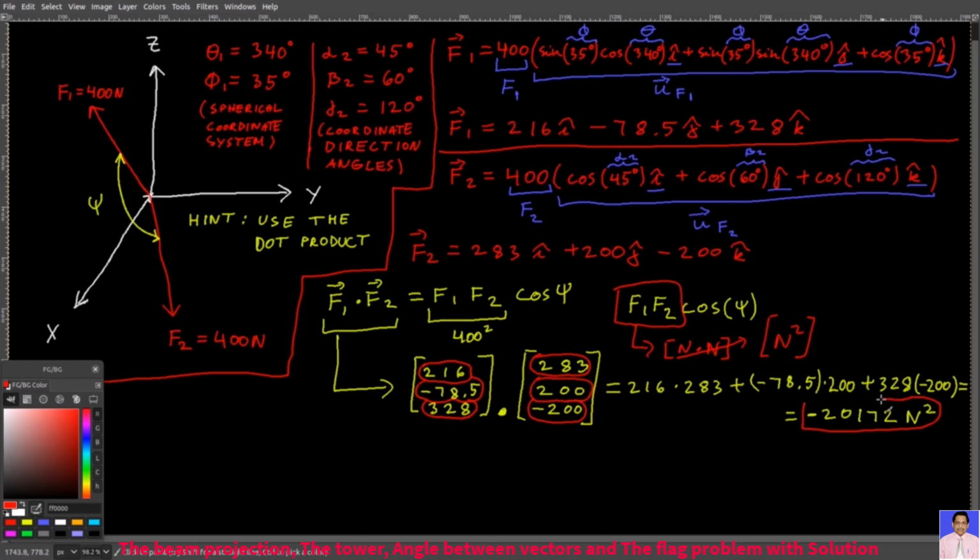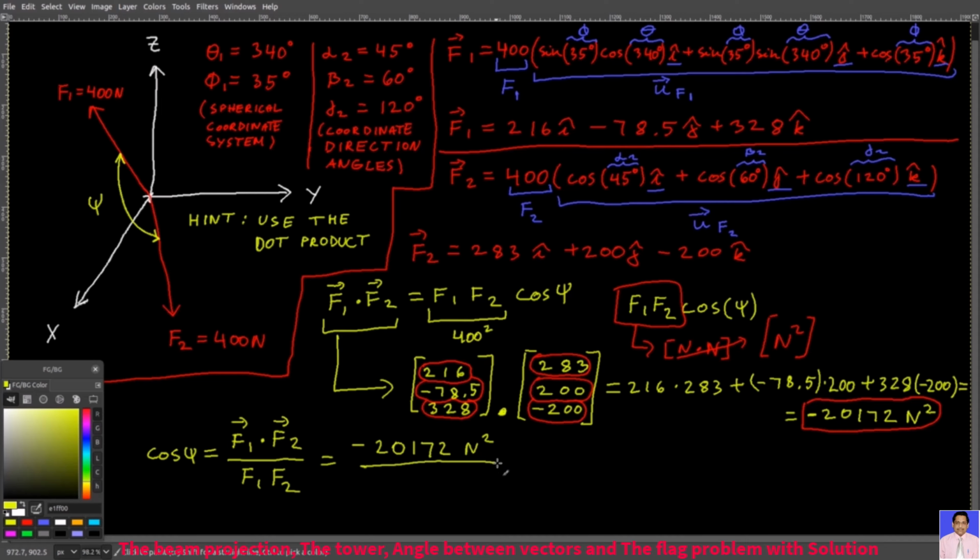And then, well, you know your dot product for these two force vectors. You know the product of their magnitudes. Therefore, you know that cosine psi equals F1 dot F2, and then here I multiply their magnitudes. In other words, I have this number, Newton squared, divided by 400 squared, Newton squared. And so here, the Newton squared will cancel out, and I will have a dimensionless ratio, which is what I should have for cosine psi.